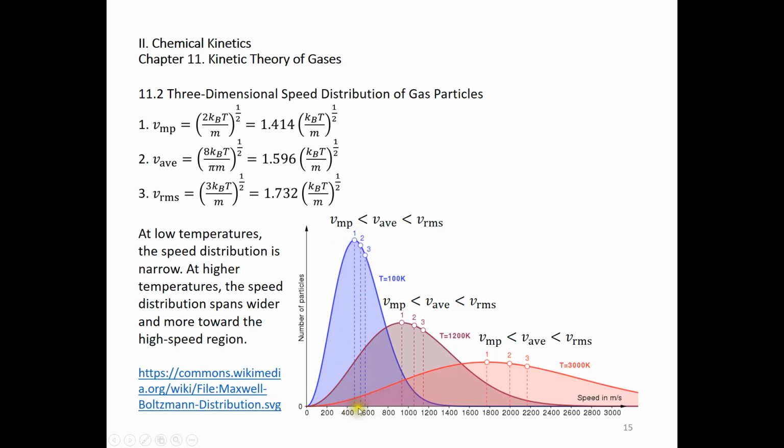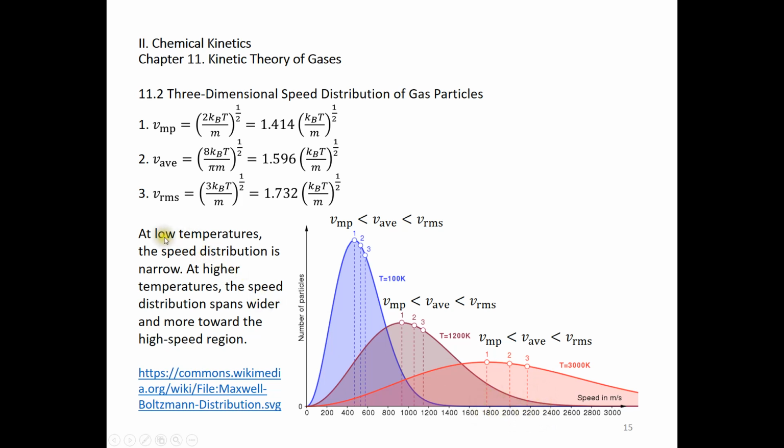Those are in the lower end. Now if you increase the temperature, we have most probable, average, and RMS speed, with higher numbers. Finally, 3000 Kelvin. Again, the same order: most probable, average, and RMS. Much larger numbers over here.